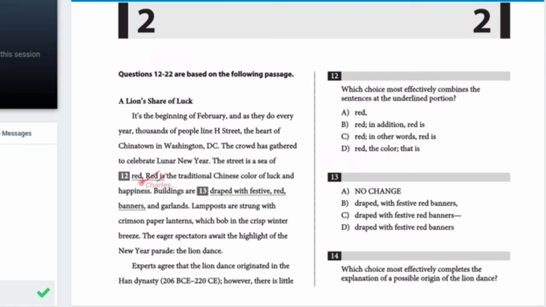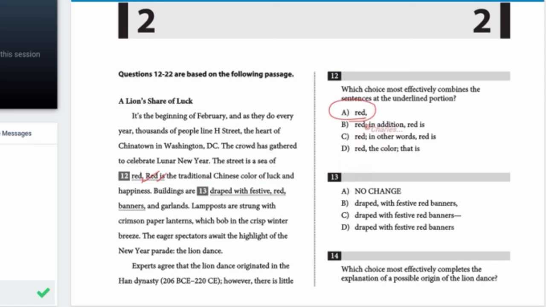A comma would make it then a dependent clause. The street is a sea of red, comma, the traditional Chinese color of luck and happiness. That works. It's probably the most concise answer, and it makes that second independent clause a dependent clause, which must be separated by a comma because it is extra information.